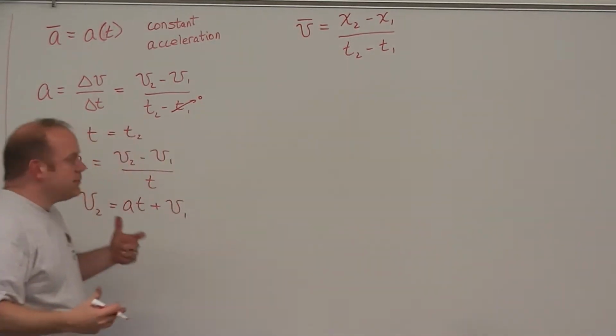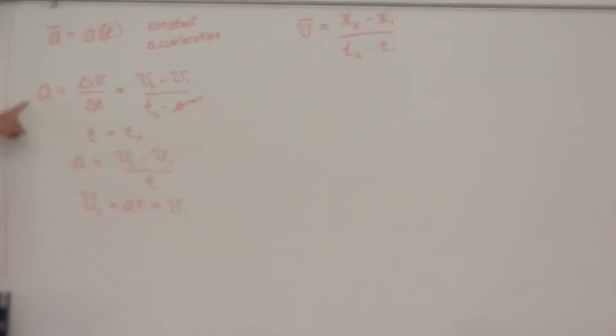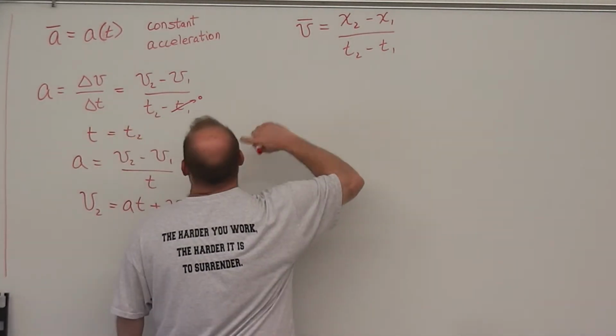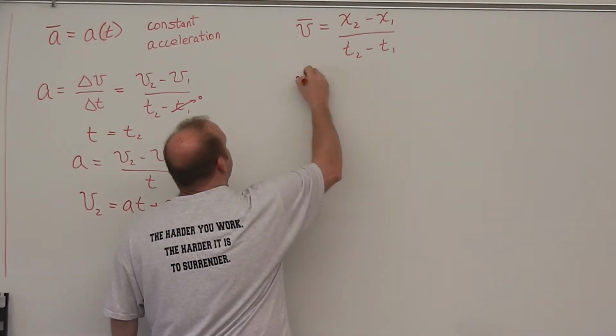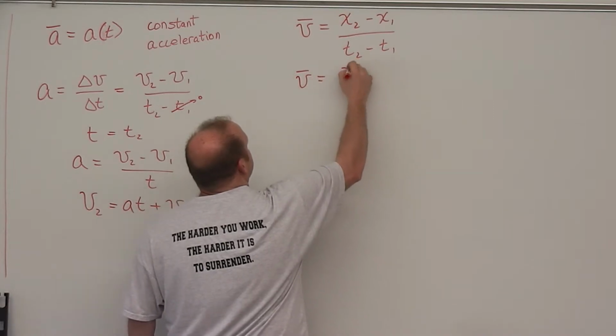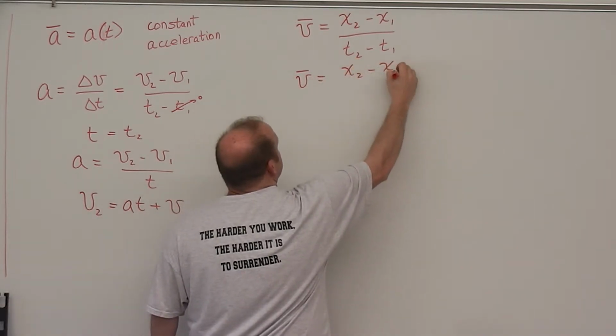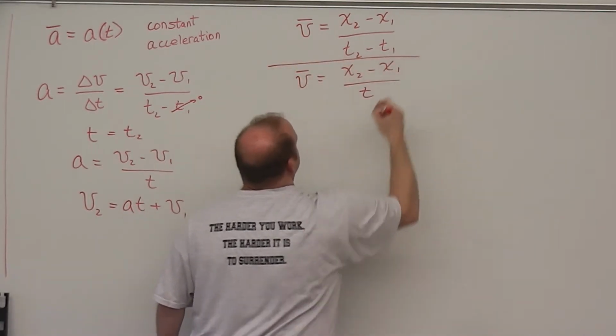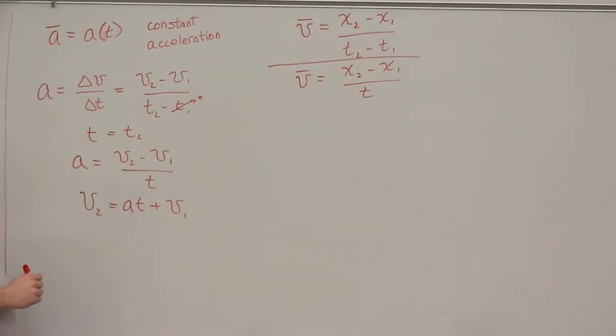Now, I can break that apart just like I did here. And I can say that my average velocity is equal to x2 minus x1 over t. And I made those two lines a little close there. It's not divided by, I'm just separating those two.